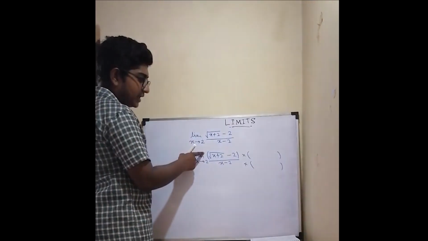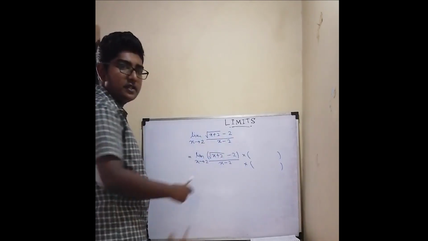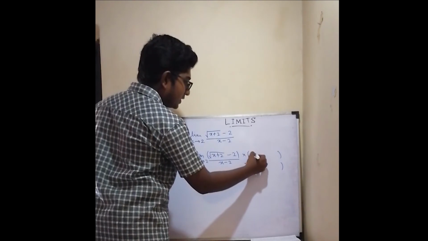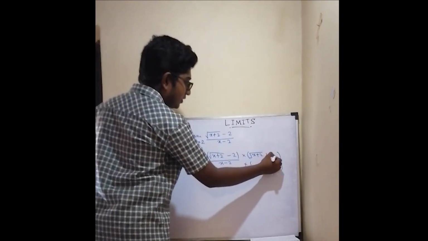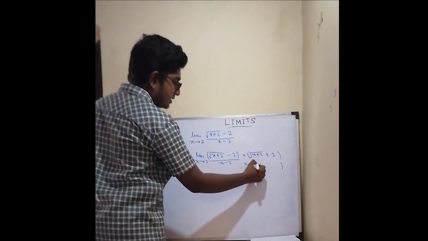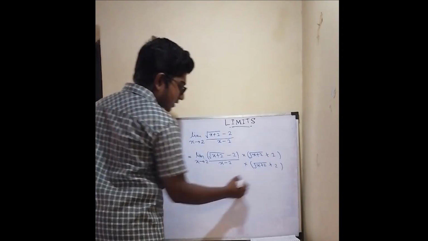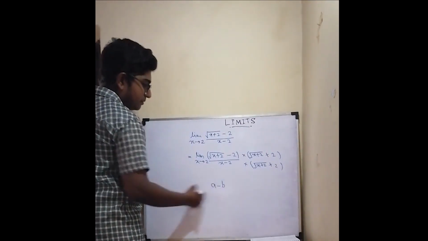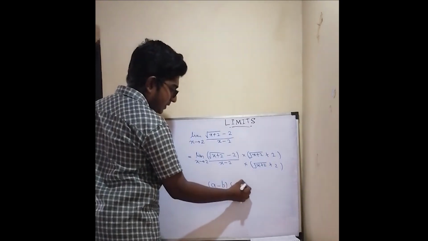You have to multiply both numerator and denominator by the conjugate of the numerator. Conjugate means the same expression, but here you have plus. That means if you have a minus b, the conjugate of a minus b is a plus b.